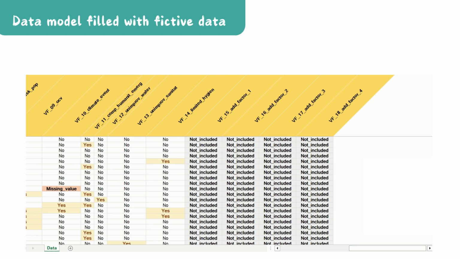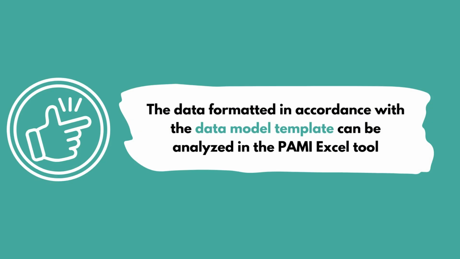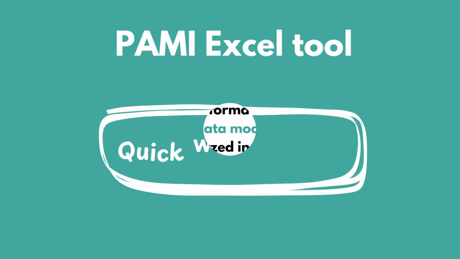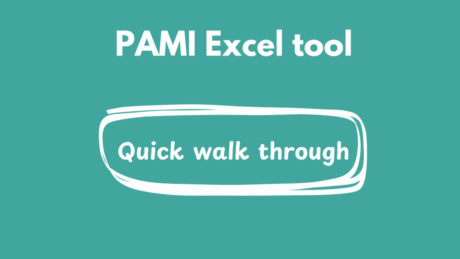Each vulnerability factor is recorded as yes if the factor is assessed as present in the geographic unit, no if it is assessed as absent, missing value if information on the presence or absence of the factor is missing for a geographic unit, not included if the vulnerability factor is not considered relevant in the country-specific context. Once the data model template has been filled with your data, you are all set to analyze it in the PAMI Excel tool.